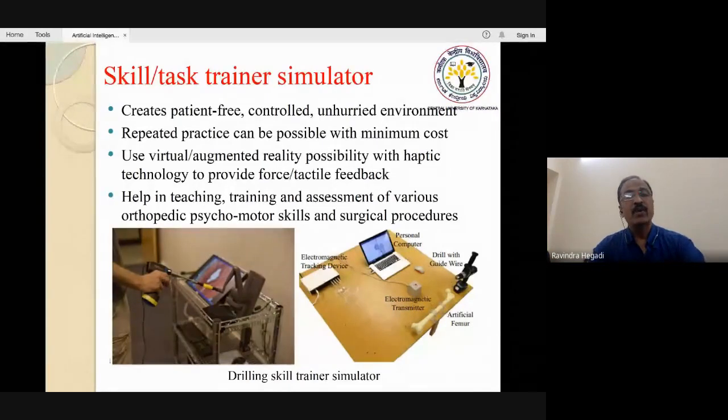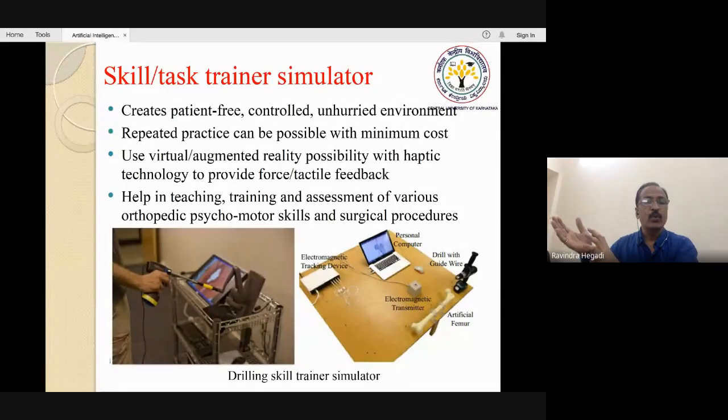So you are using virtual augmented reality. Whatever actual things you are doing there will be shown in a three-dimensional view. You will be looking at the screen, or you will have headgear worn on your eyes, and as you do all these practices, you will feel like you are actually doing them on the patient.